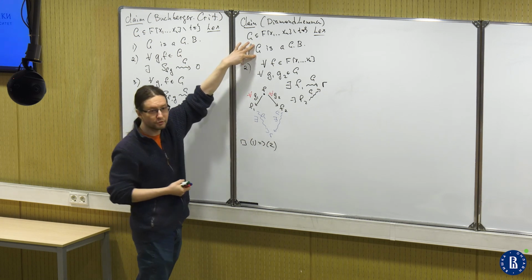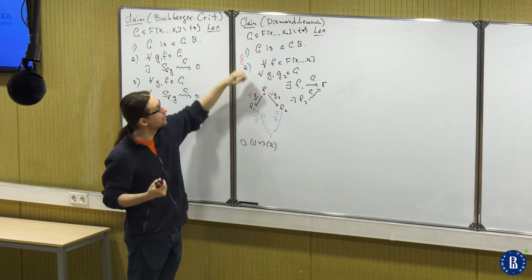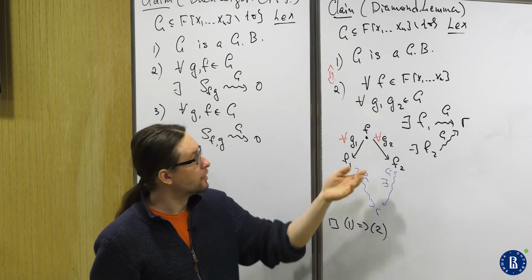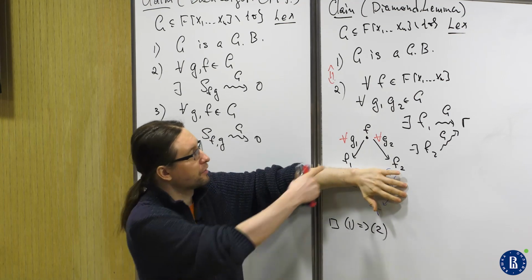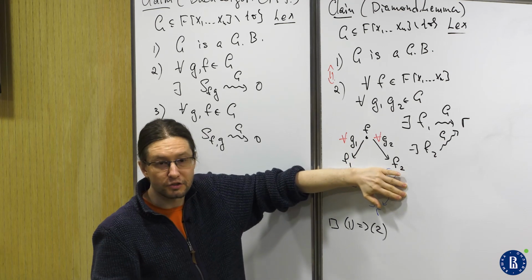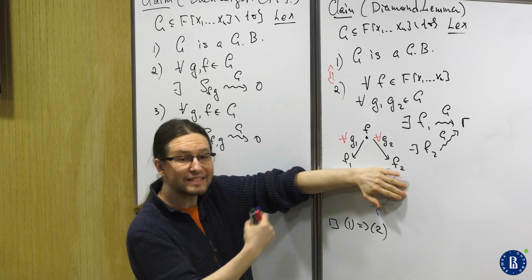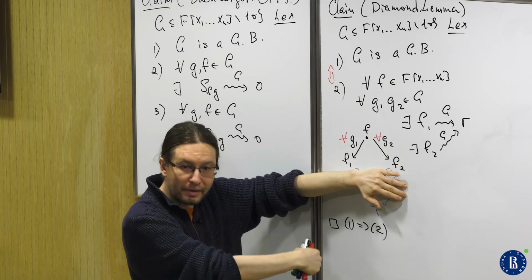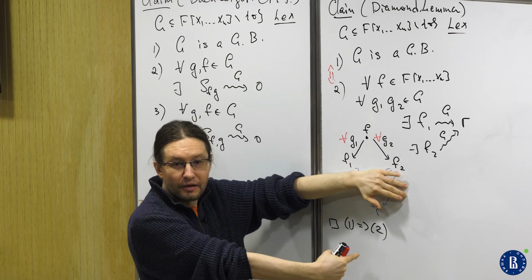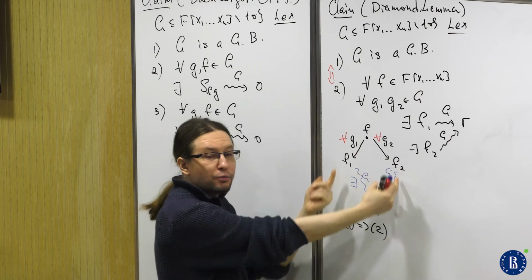Suppose G is a Gröbner basis. What does it mean? It means that for every polynomial, we have only one remainder. Now, we take any polynomial f, and we consider two elementary reductions of f. Let's reduce f1 to a remainder and f2 to a remainder. It's not zero, but they will be the same.